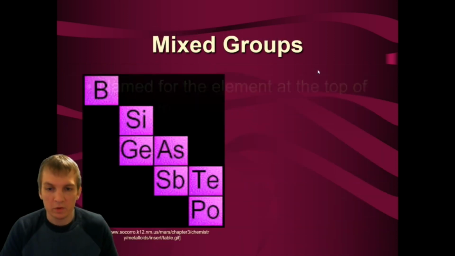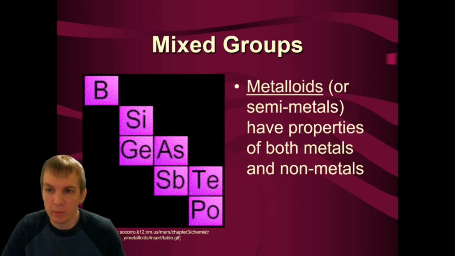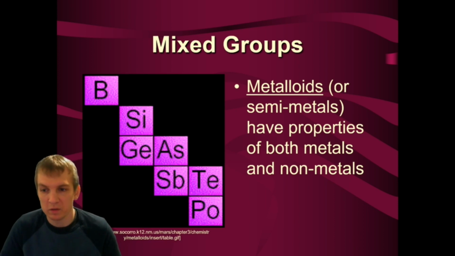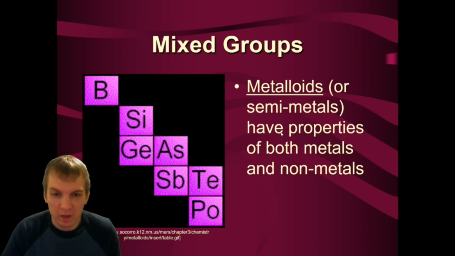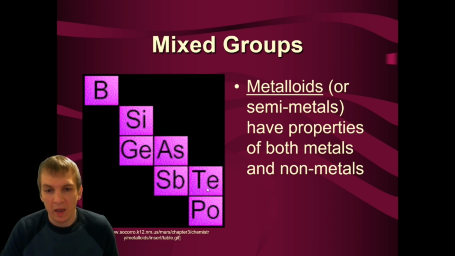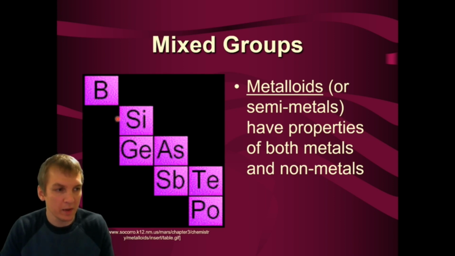Okay, so in the mixed groups we have these things called metalloids, and like I mentioned before, they have properties of both metals and nonmetals. They are sometimes called semi-metals, but most people just call them metalloids, and they kind of form like this staircase pattern, starting with boron at the top and going all the way down to polonium. And if we follow the staircase pattern, there's actually one step that's missing right here, and there's supposed to be an element right here.